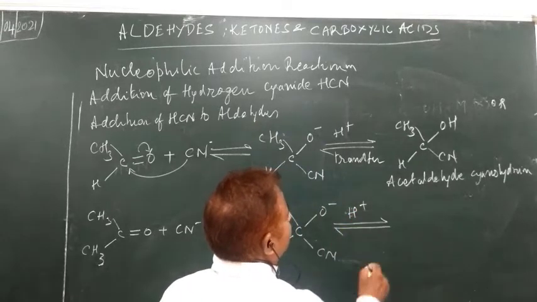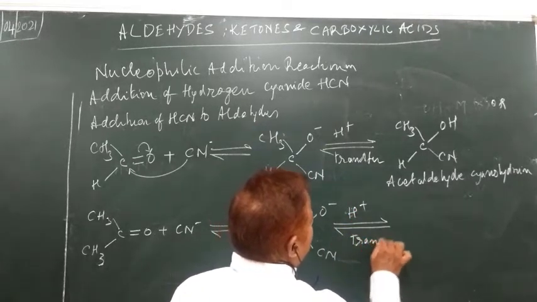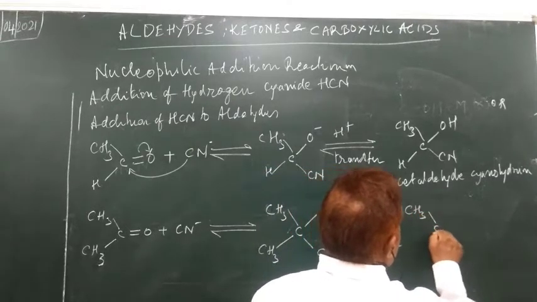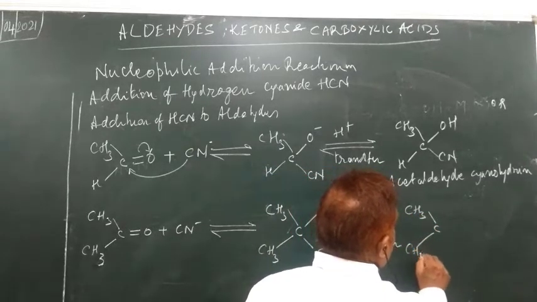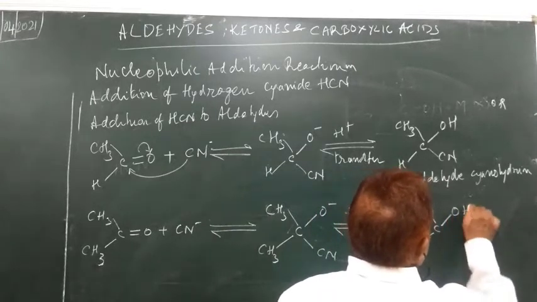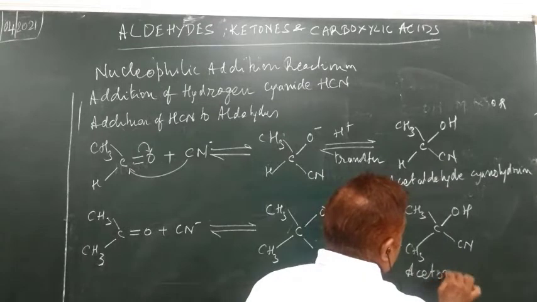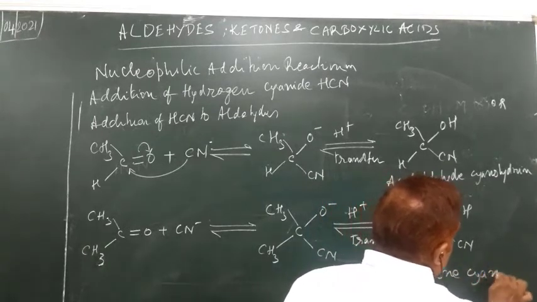H plus is transferred. Therefore, we get CH3, CH3, with OH and CN. This is acetone cyanohydrin.